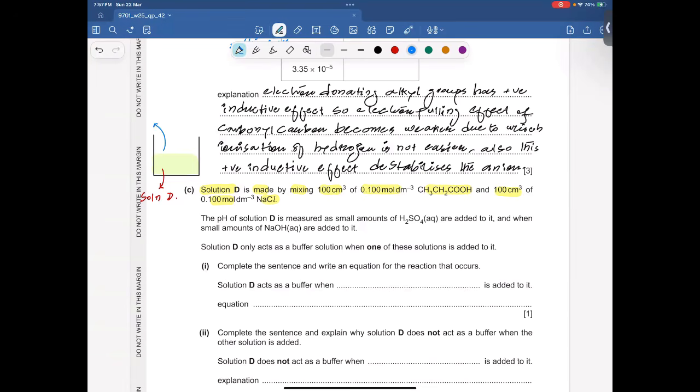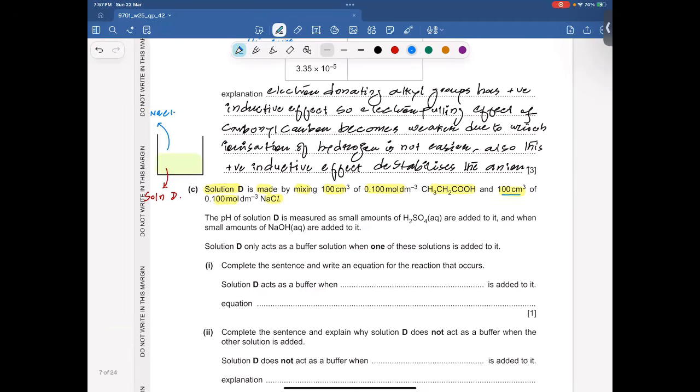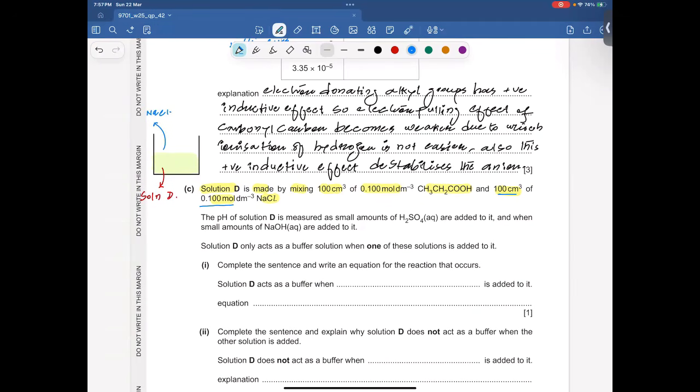The first one is NaCl, which has the same volume and concentration as propanoic acid. And obviously, this beaker also has propanoic acid. That's solution D. The examiner is saying the pH of solution D is measured as a small amount of H2SO4 is added to it.